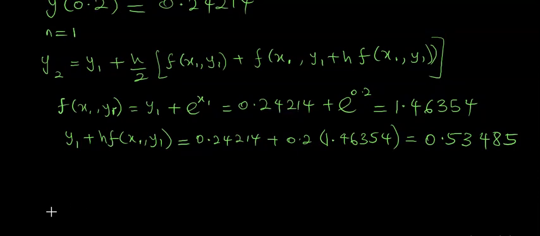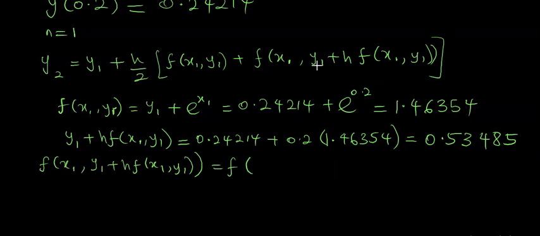So now we have this one as our f of, and we already have this one, and this one. So now let's get the whole of this and add it together. So our f of x1, comma, y1 plus h f of x1, y1 is going to give us f of x2, sorry, this should be x2, because it is n plus 1.